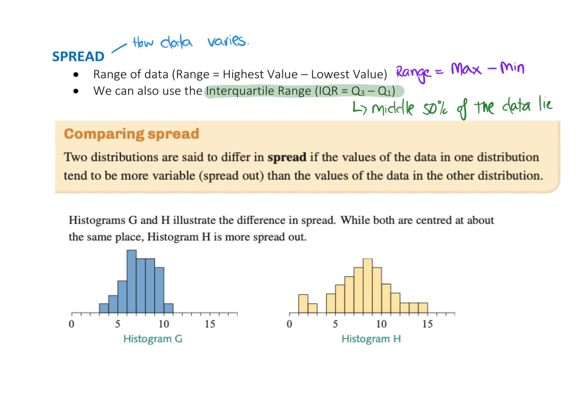If you're already at quarter 1 and you go to quarter 3, there's 2 quarters in between there, so 50% of the data lies in there. And why that's more relevant is because it tells us where the middle 50% is.